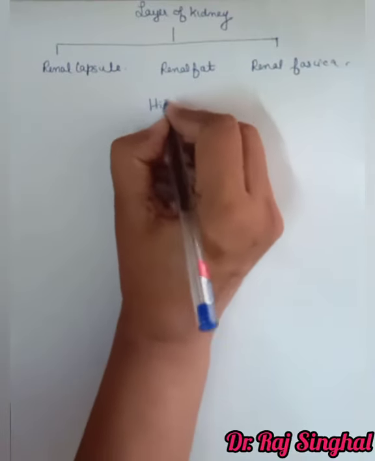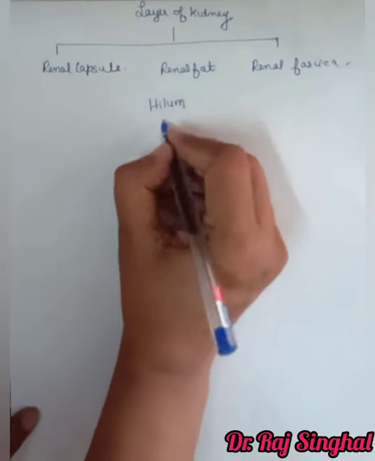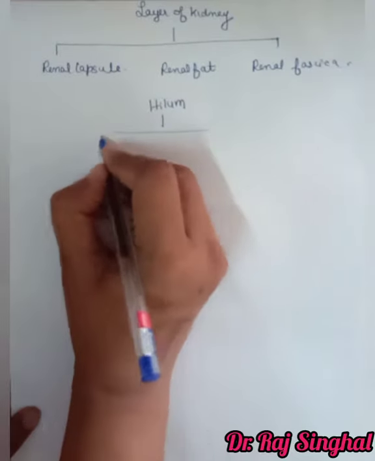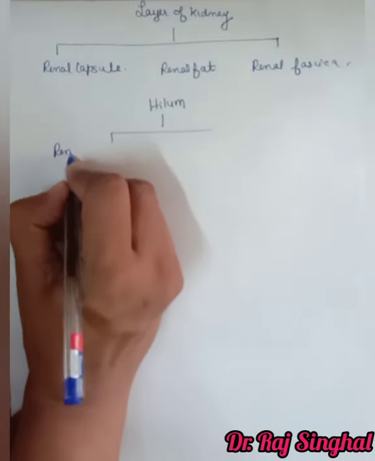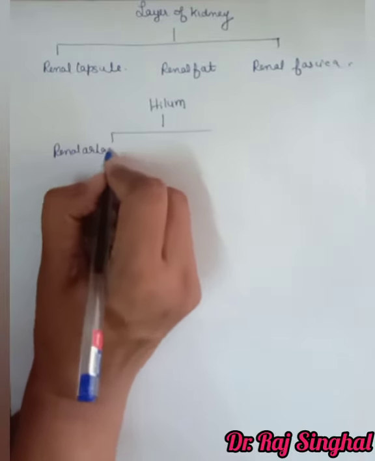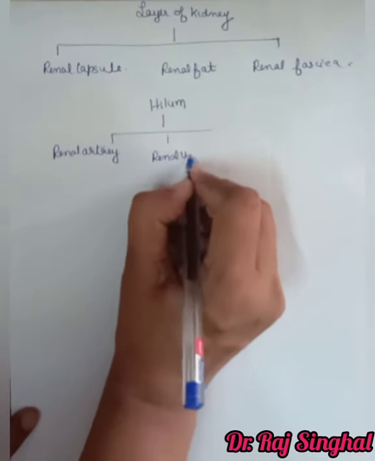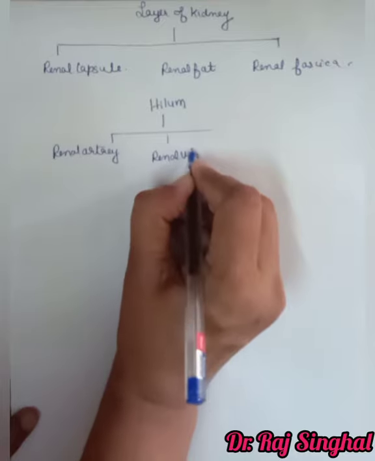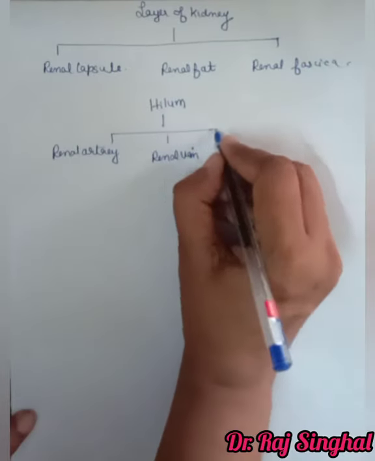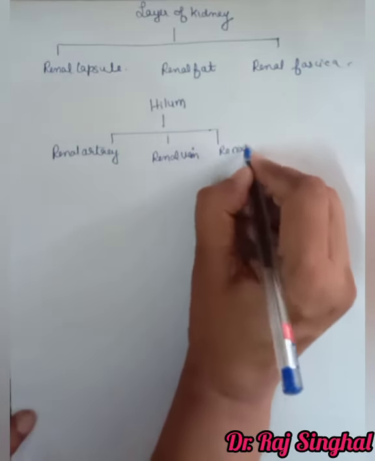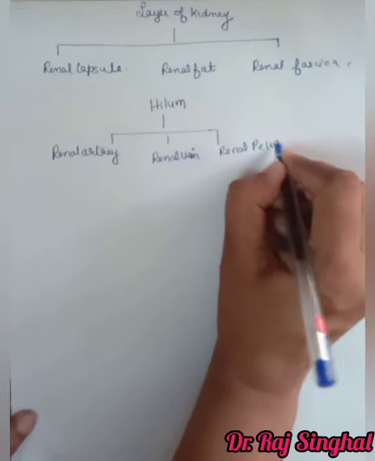Through the hilum, the things which enter the kidney are renal artery and renal vein, and what emerges out is the renal pelvis, the broader end.